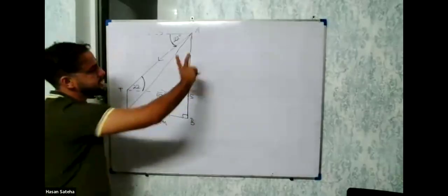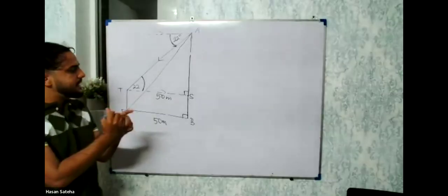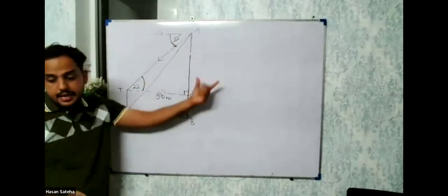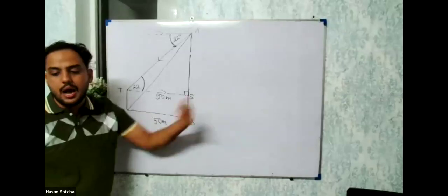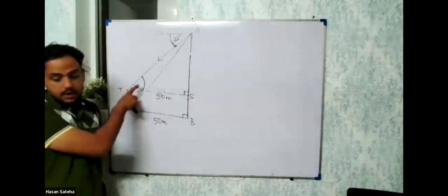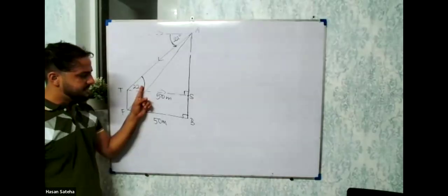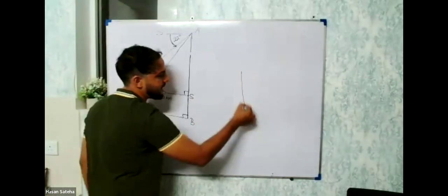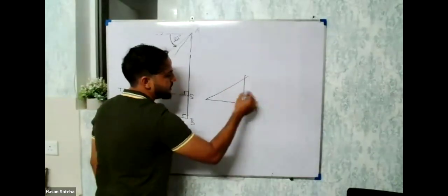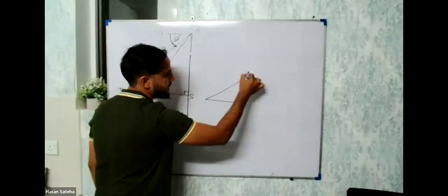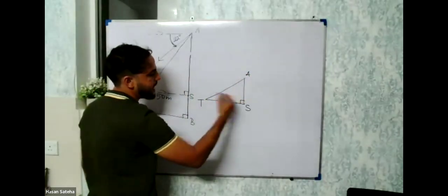Now see here, we need the side AS. We know this angle. Can someone tell me, if you take this right angle triangle, the side AS, is it adjacent, opposite, or hypotenuse? Opposite. Look carefully. You have the triangle like this: this is A, this is S, and this is T, with a 90-degree angle.